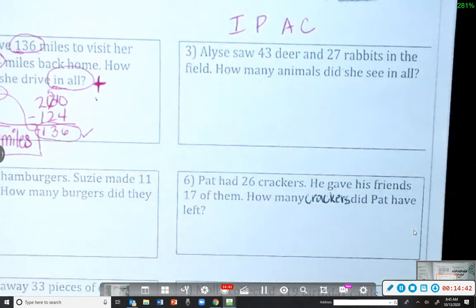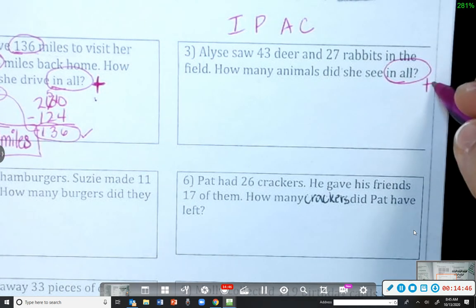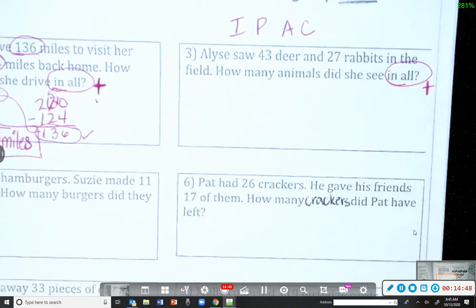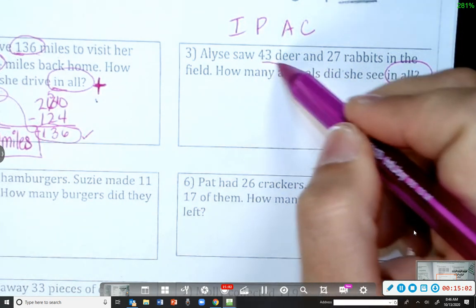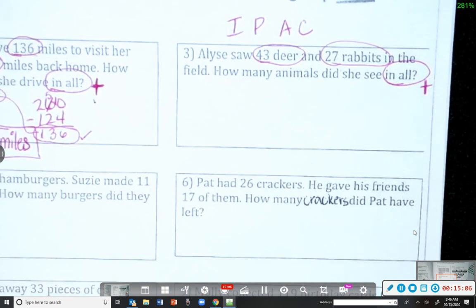Aaliyah? In all, and it means to add. Good. What else is important? What do you think, Gregory? We should add numbers. The numbers. Do we need both of them? Yes. We need the 43 deer, 27 rabbits, because we're trying to see how many animals in all.